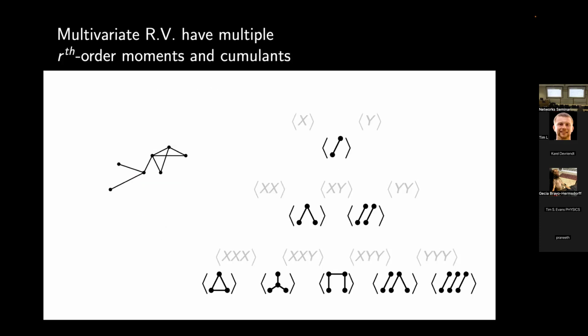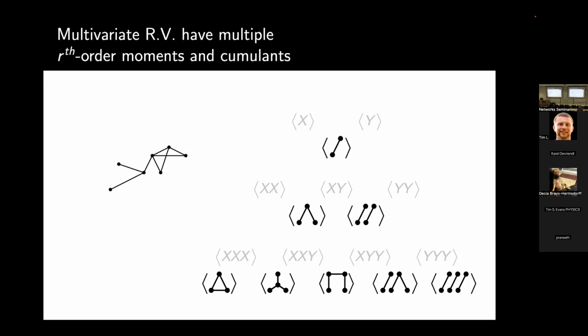Okay. So now if our random variable is a graph, then the moments and the cumulants are indexed by subgraphs. For the moments, these are like the subgraph densities.